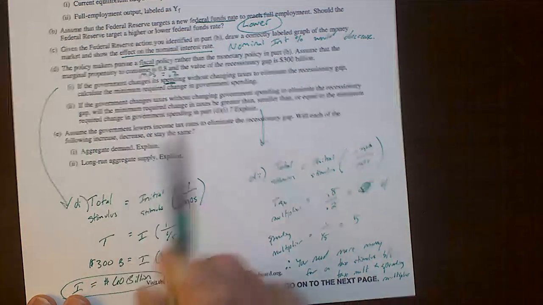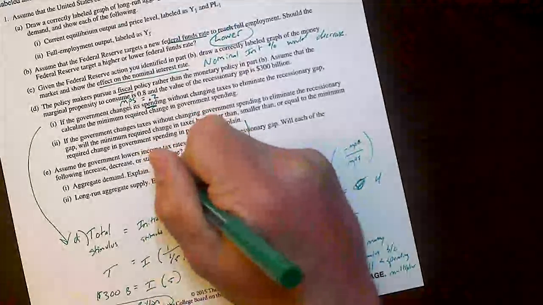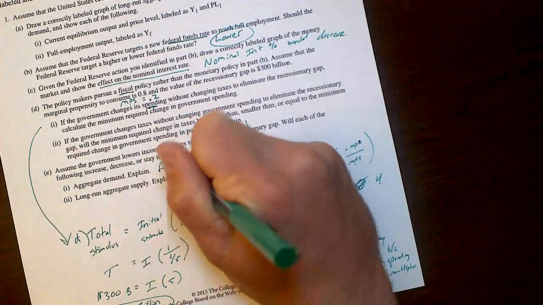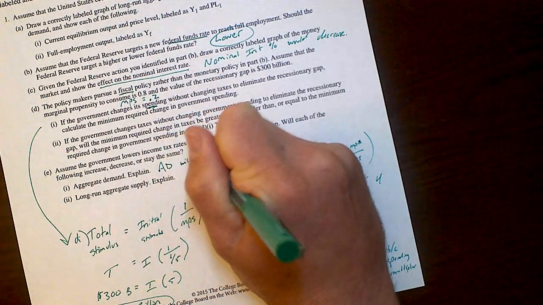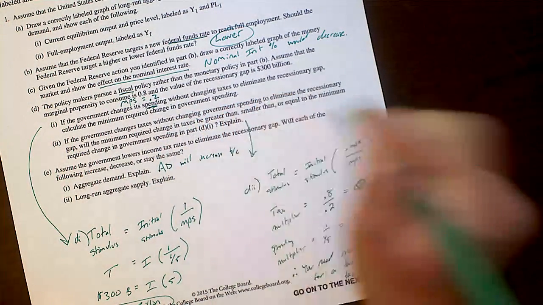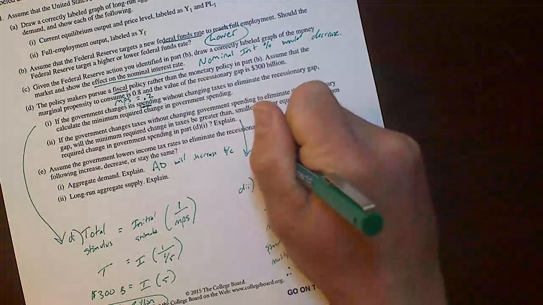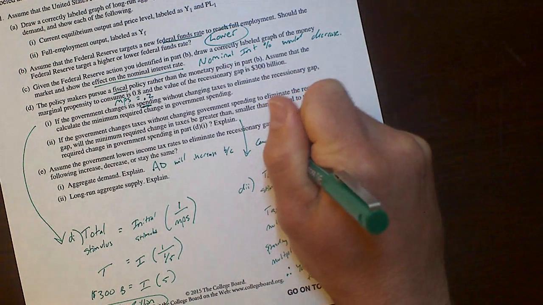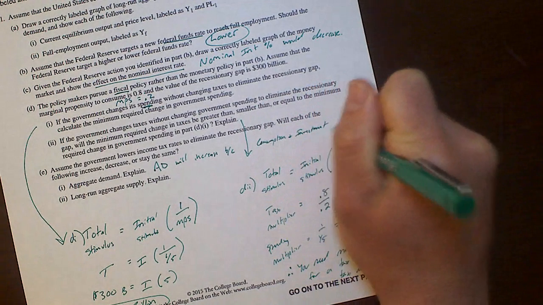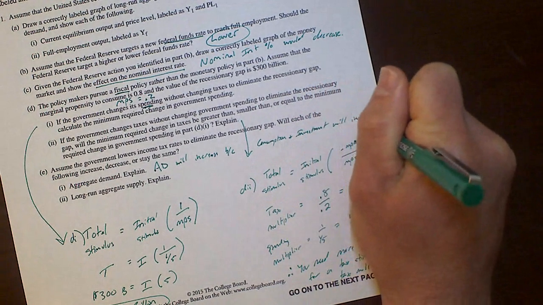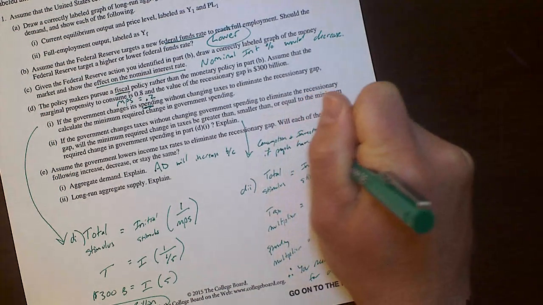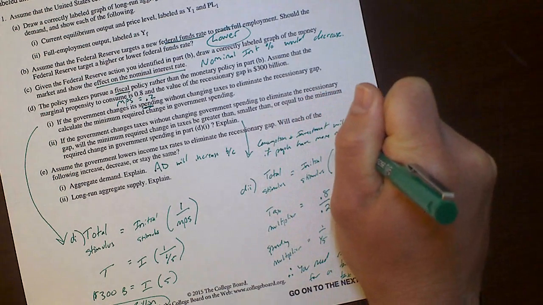And we need explanations. Aggregate demand, no graph needed, but we would just say that aggregate demand will increase, and that would be because consumption and business investment will increase if people have more money.